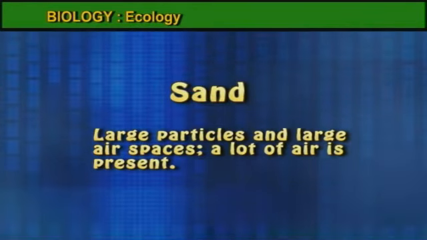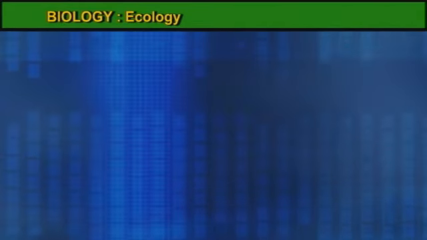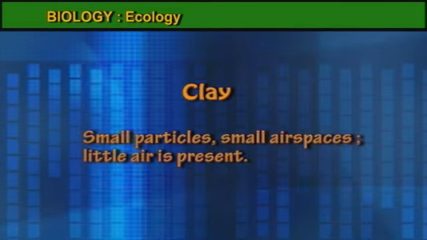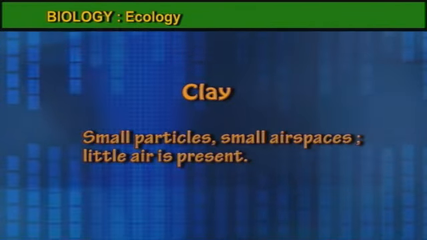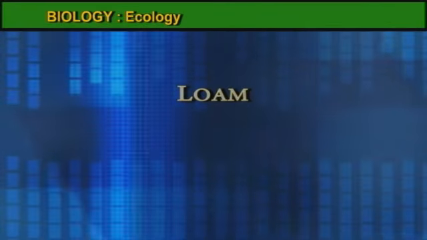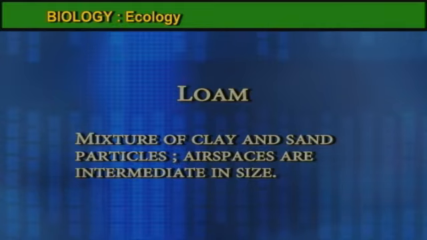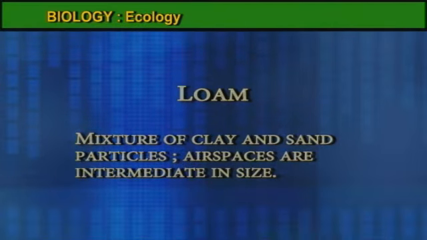Therefore, a lot of air is present. Clay soil has mostly small particles, small air spaces, and therefore little air is present. Loam is a mixture of clay and sand particles. Therefore, the air spaces are intermediate in size.